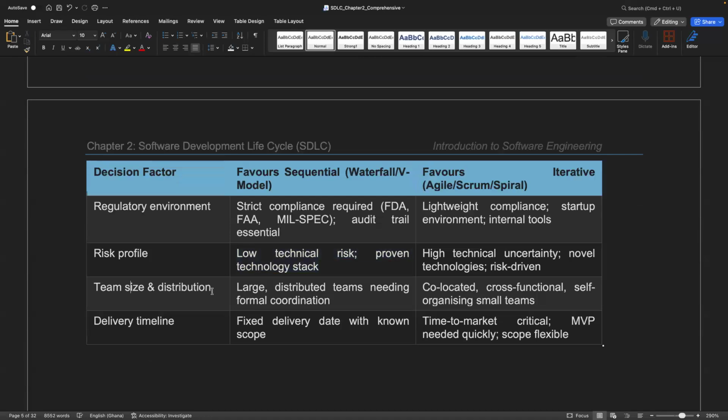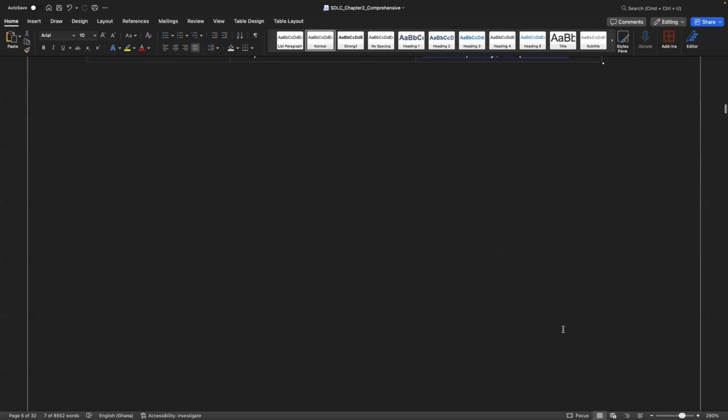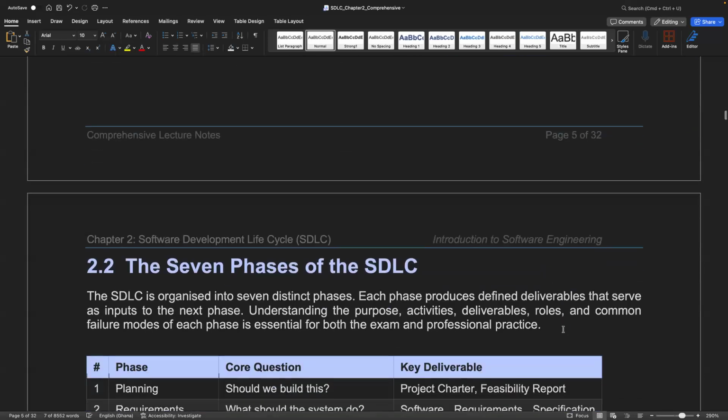The team size, this one may require a very large number, and this one may also require large, but they may be scattered, and we don't really have a problem with that. And the delivery is going to be there because you know the scope from day one. But with this one, it actually depends.